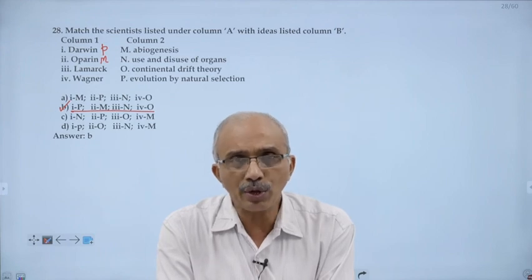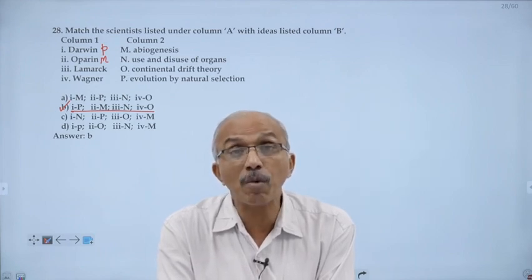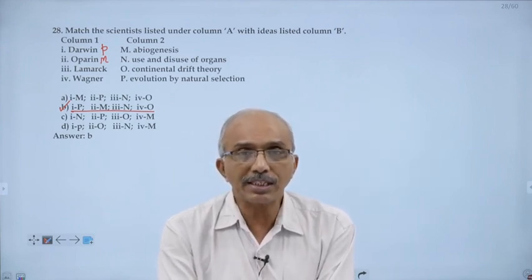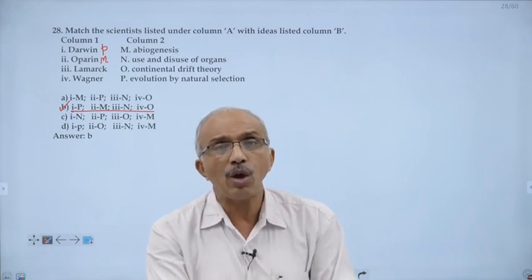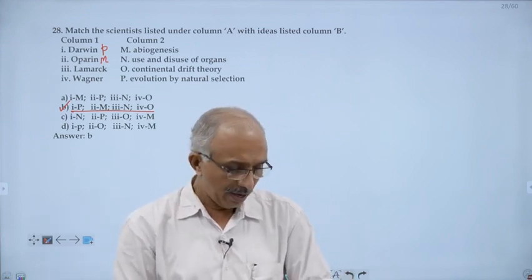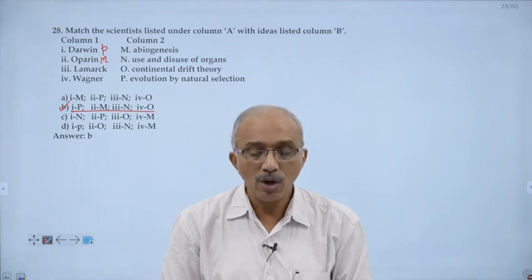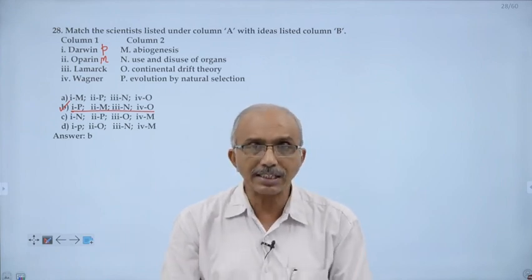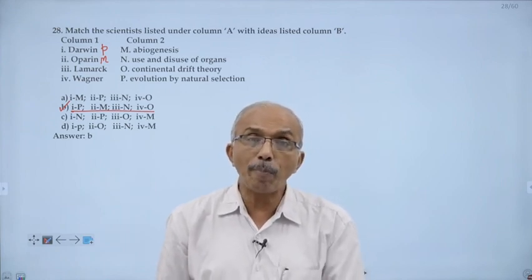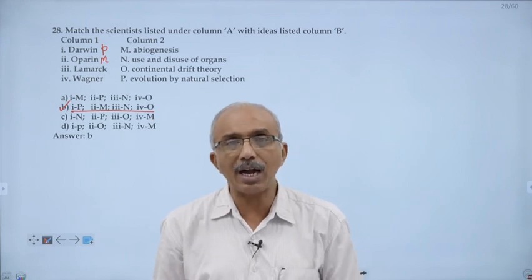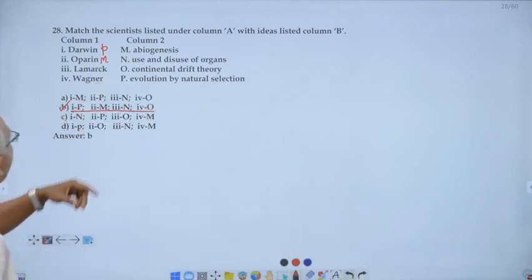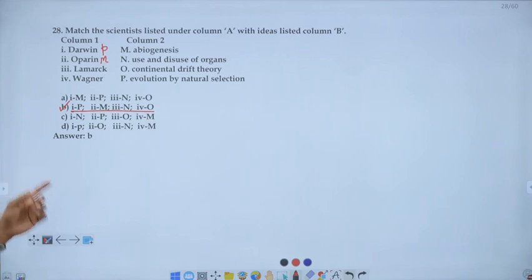This is what is called abiogenic origin of life. It is supported by Oparin and J.B.S. Haldane. Name Oparin is only given. A.I. Oparin is a Russian biochemist who mainly proposed this.